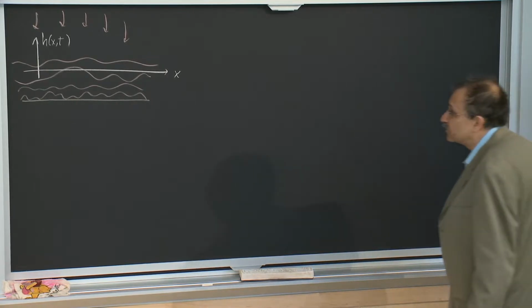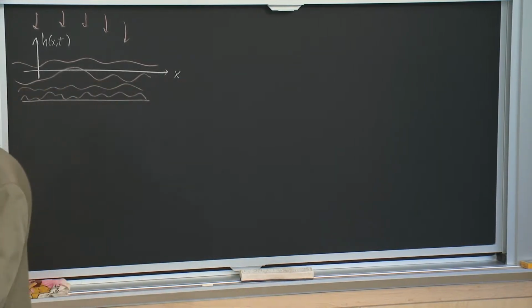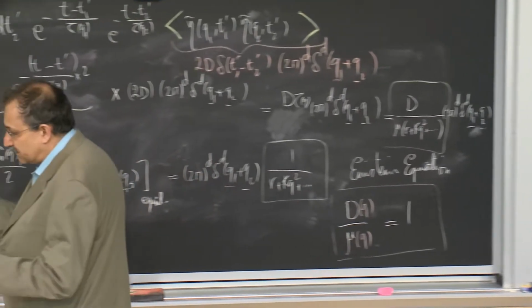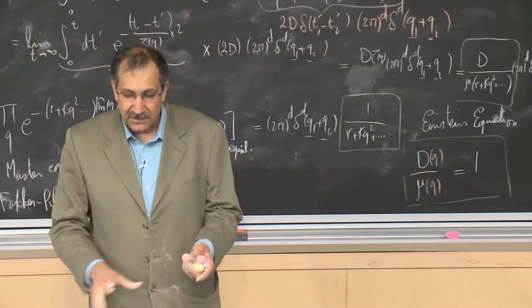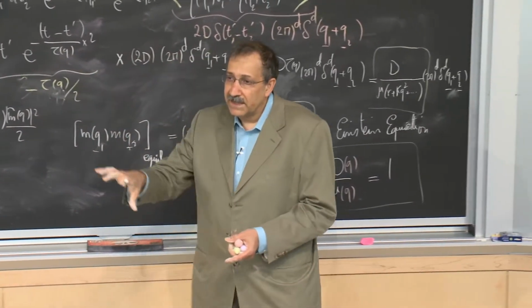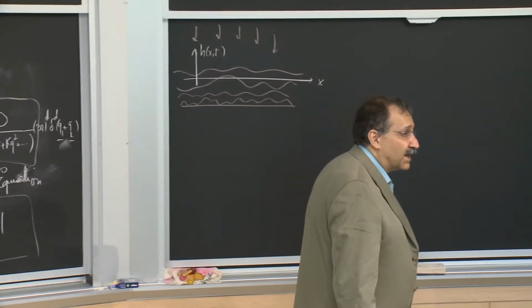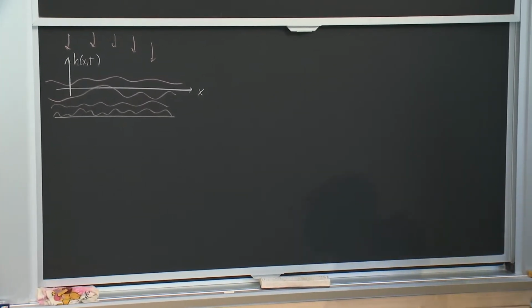And there could be all kinds of microscopic things going on, like maybe these are particles that are representing some kind of a deposition process, and when they come, they stick in a particular way. Maybe they can slide on the surface. You can imagine all kinds of microscopic degrees of freedom and things that you can put.